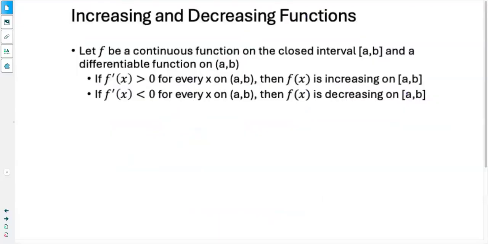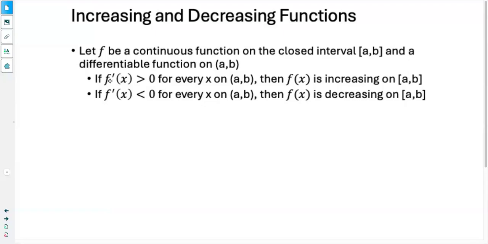Bit more on increasing and decreasing functions. If we have a function f, and let f be a continuous function on a closed interval from a to b, and differentiable on the interval a comma b with the rounded brackets, which means essentially it's smooth and continuous.